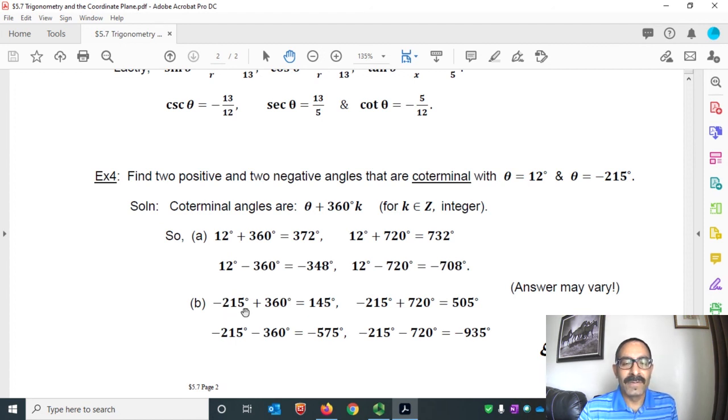Negative 215 degrees plus 360 degrees turns out to be 145 degrees. Similarly, put k equals negative 1, or positive 2, or negative 2, and it turns out to be 505 degrees, negative 575 degrees, negative 935 degrees. I hope these computations make sense to you all.